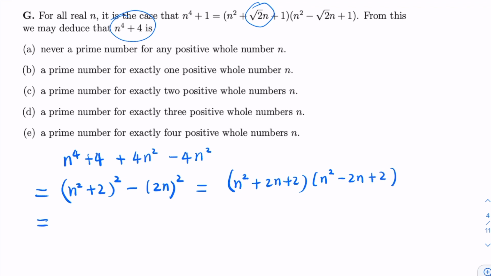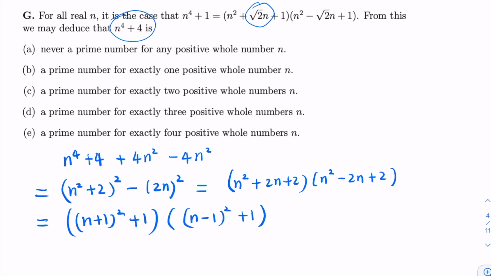So that becomes, in the first term, m plus 1 squared plus 1. The second term is going to be m minus 1 squared plus 1.